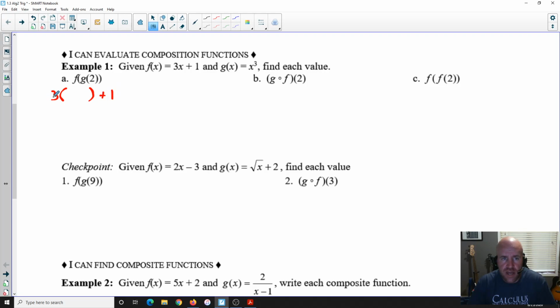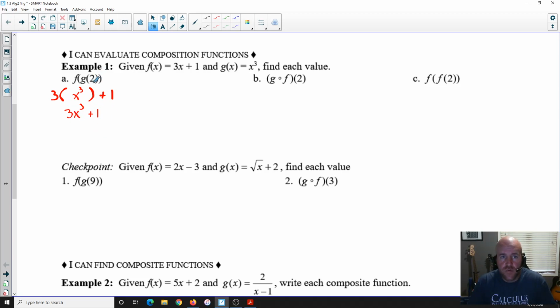So that would be function f, 3x plus 1. And now we're going to toss this x cubed inside every parenthesis that you wrote. In this case, it's just the 1. So now we can simplify just like we did in class for section 1 and section 2. So 3x cubed plus 1. That's going to be our final answer for that part.